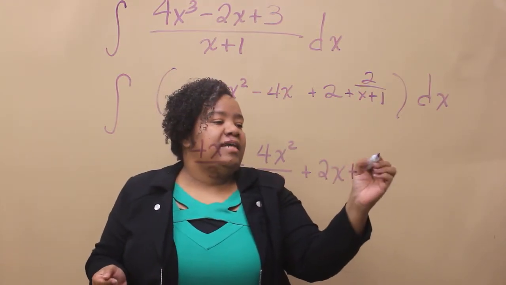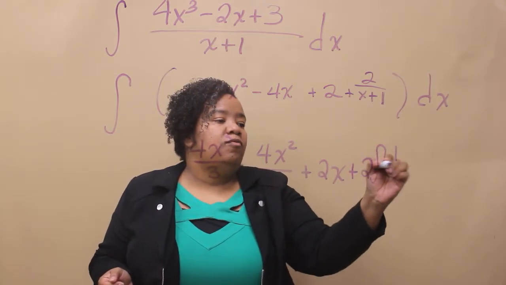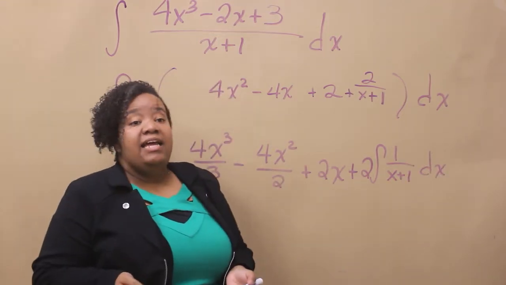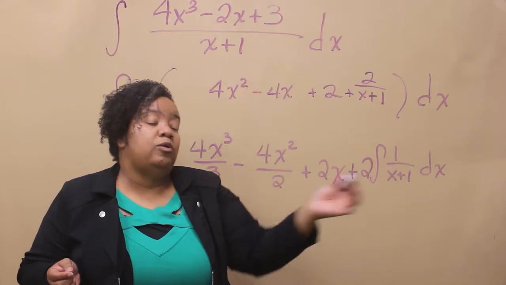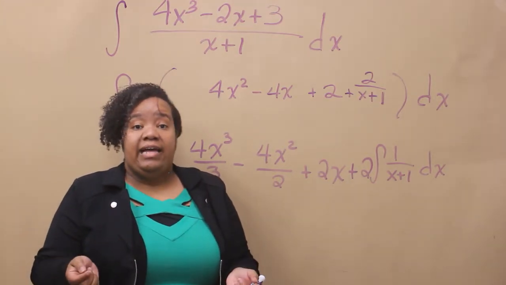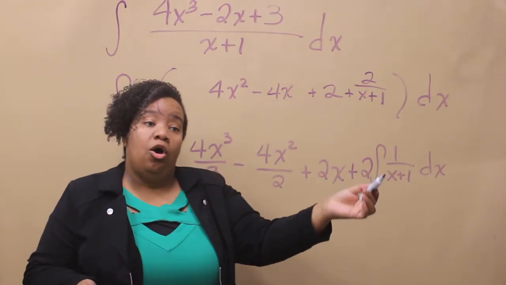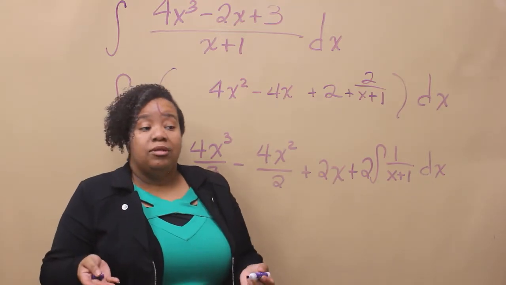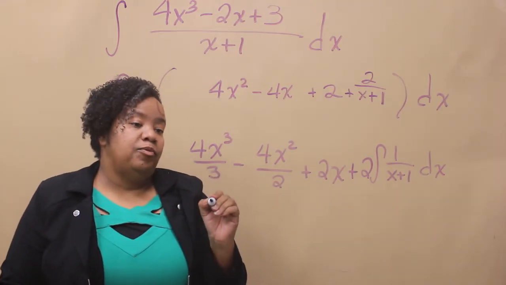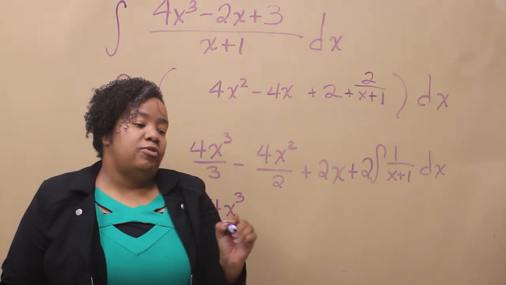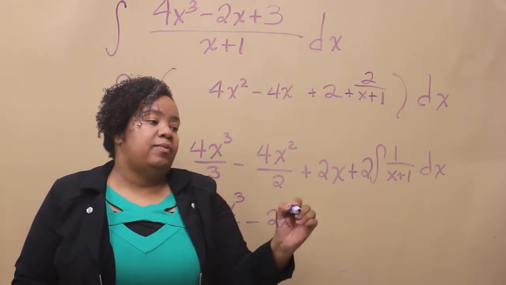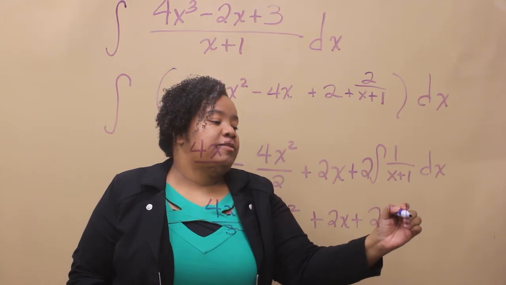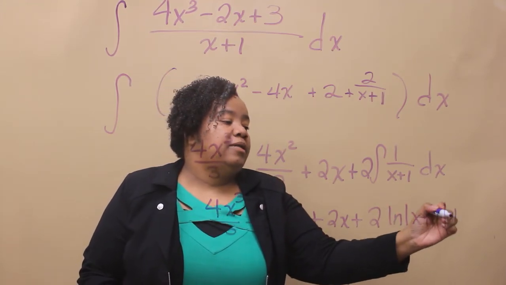I can see that if I allow u to be x plus 1, then du is just dx, and I would just have 1 over u du. And of course we know the integral of 1 over u du is the natural log of u. So our final answer would be 4x cubed over 3 minus 2x squared plus 2x plus the natural log of the absolute value of x plus 1 plus c.